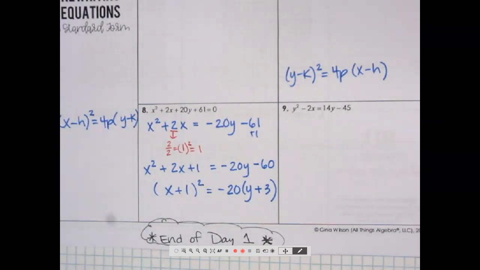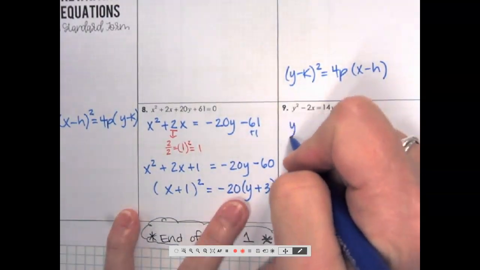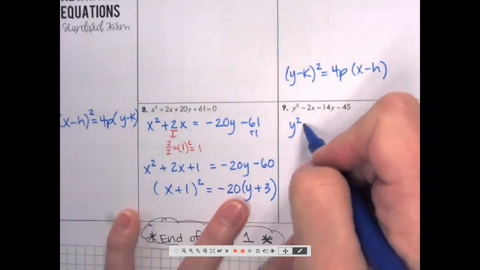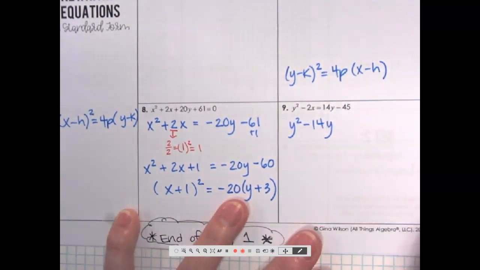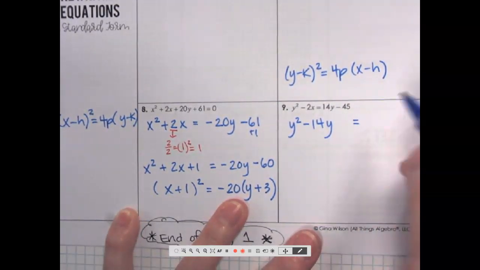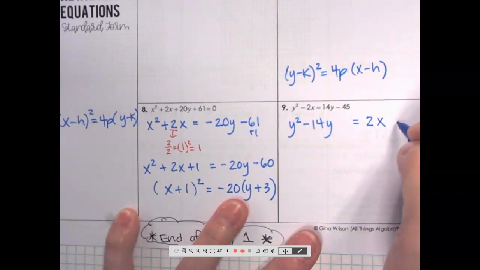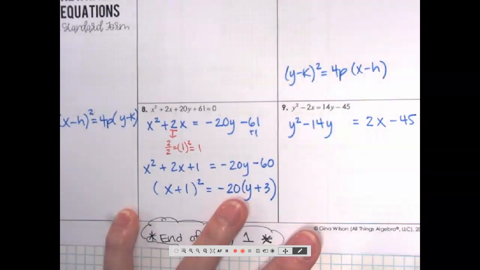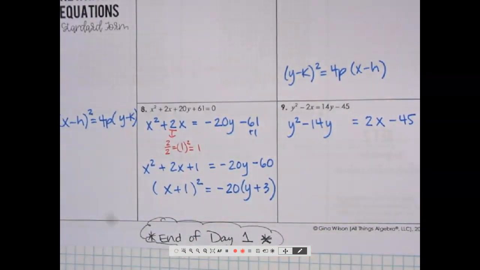In this case, I'm going to put everything with a y on the left, everything else on the right. So leave the y squared, subtract the 14y. Move the 2x, keep the 45. So y's on the left, everything else on the right.